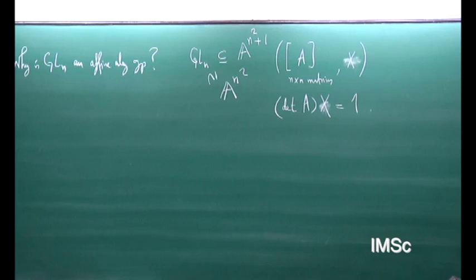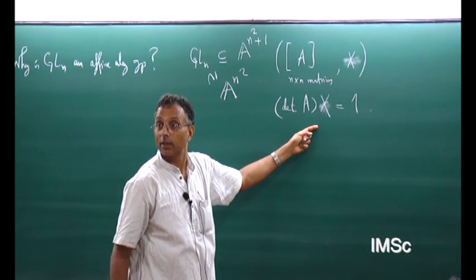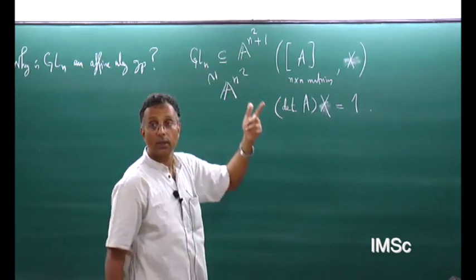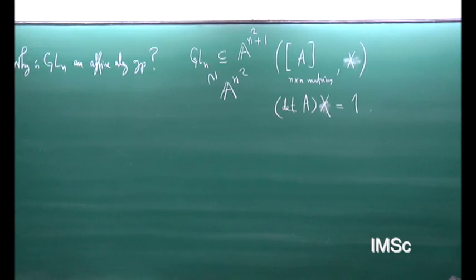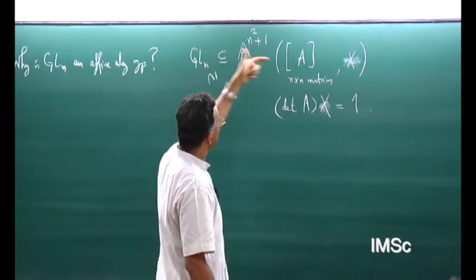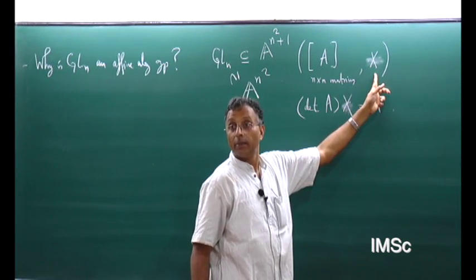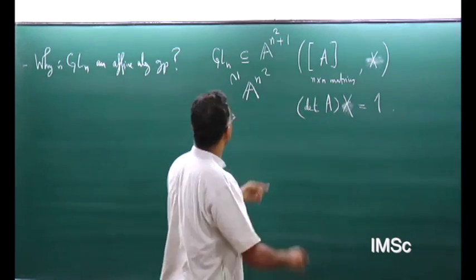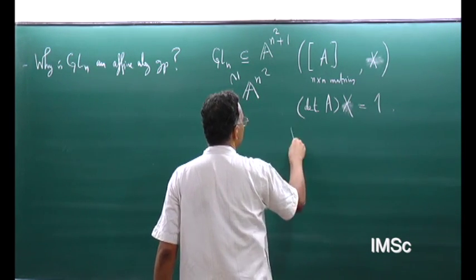Okay. Now that can be identified with GLN. There's a map from GLN to here, and that map is a bijection. Okay, and where do I send it? I just send it to A comma determinant inverse. So let's call this V, right?